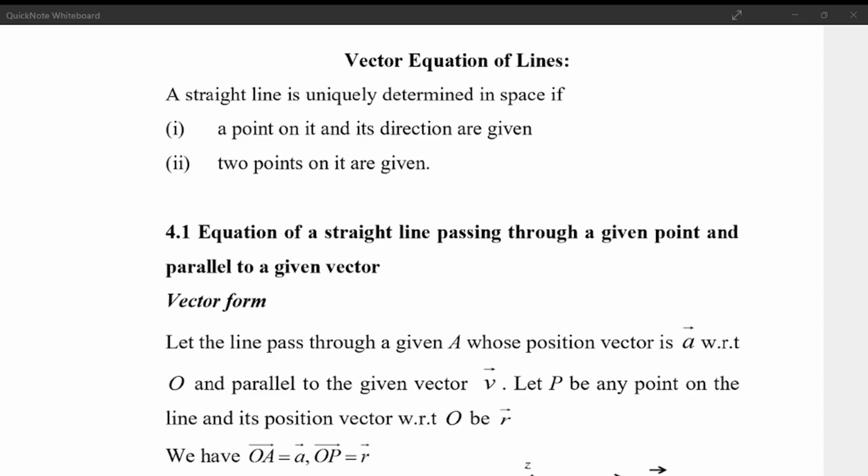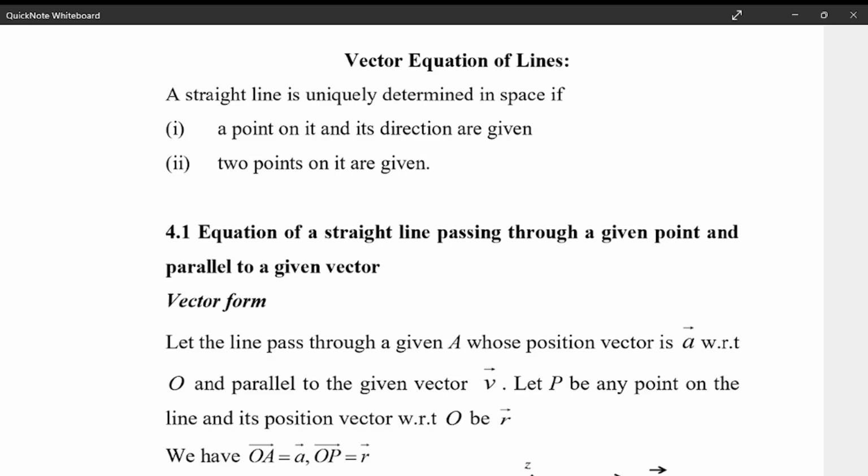We want to emphasize that a straight line in space can be known either by a point on it and the direction it is heading, or by knowing two distinct points that the line is passing through. And so, the equation of a line passing through a given point and parallel to a given vector.